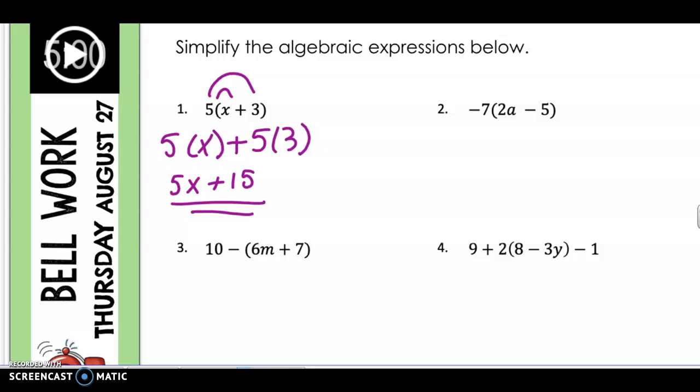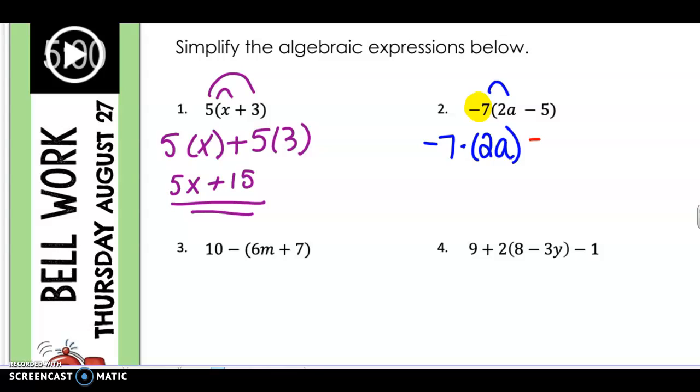Here we have -7. We need to practice how we read these problems. -7 times the quantity 2a minus 5. Now again, we're going to use the distributive property, but this time we need to distribute a -7 through the parentheses. You have to take that negative sign with the 7. So we're going to do -7 times 2a, and then minus.